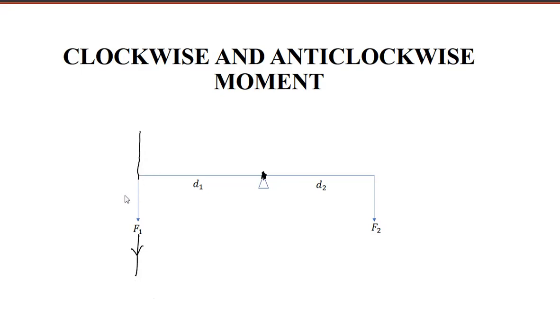To get the moment, we move the force, not the body, in its direction towards the knife edge, to the end of that force. So let's put an arrow in our direction of motion.